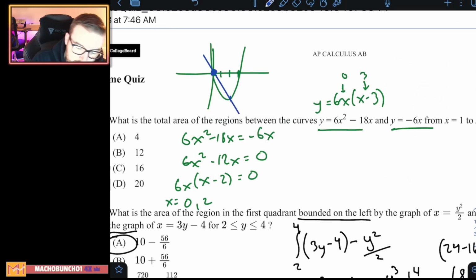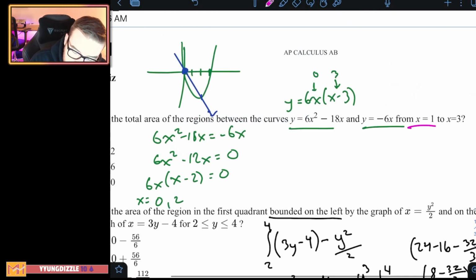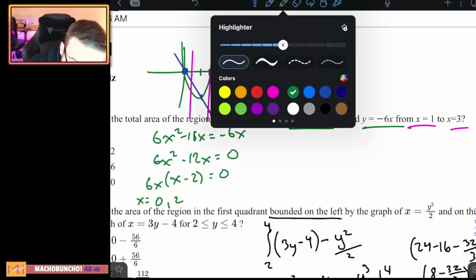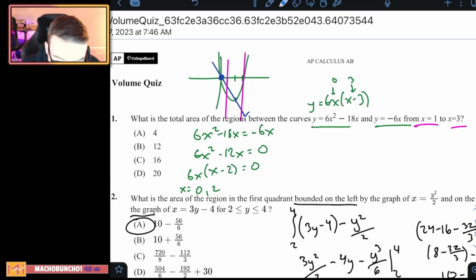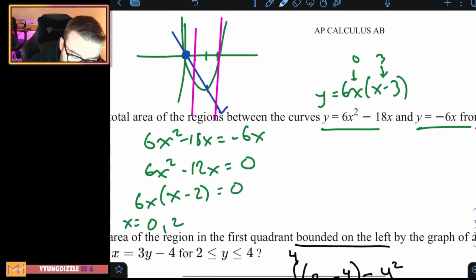So something like this, there's your line. And then we're also bounded by x equals 1 and x equals 3. And when I plotted this in class, I think I misspoke, because it says, what is the total area of the regions between these curves?